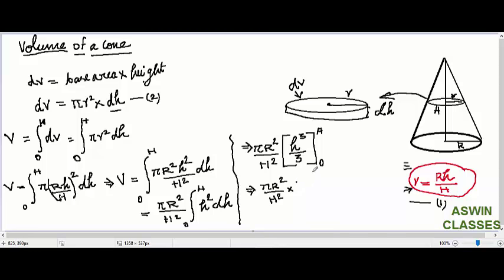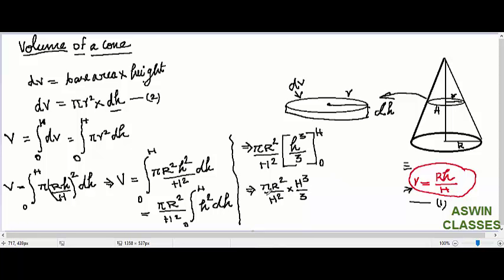Substituting the upper limit, you will get H cube by 3. There is a 0 cube by 3, no need to write it because it becomes 0.